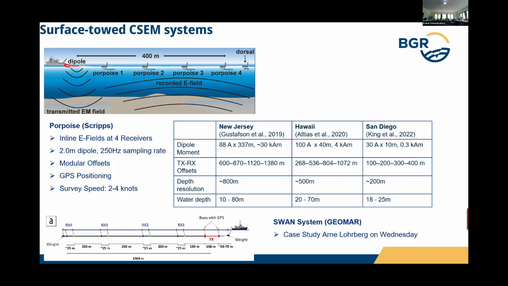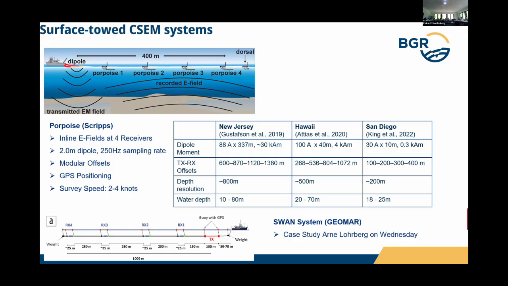The setup is you have a research vessel, and behind that you tow an electric source dipole, and at some offsets you have receiving dipoles. This system has been developed by the Scripps Institution in San Diego, and it has been used so far offshore New Jersey, in Hawaii, and in the San Diego Trough.